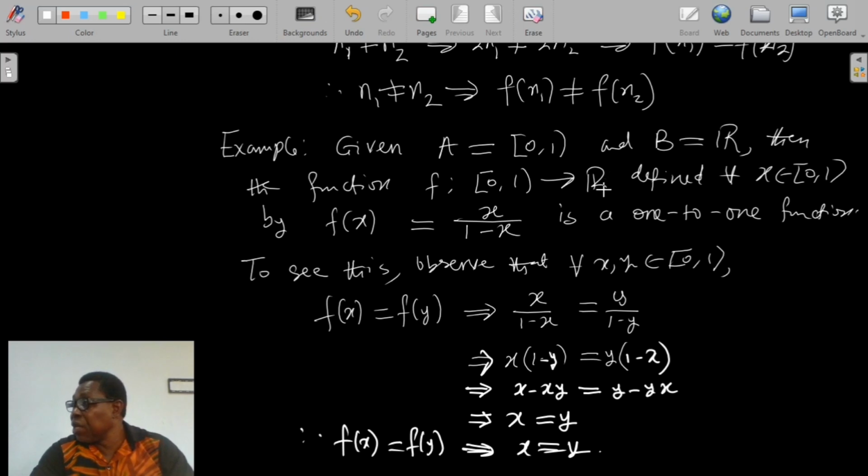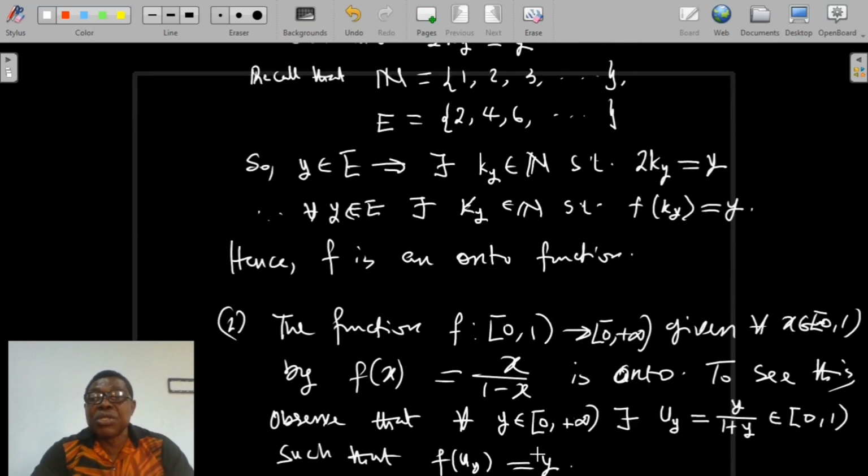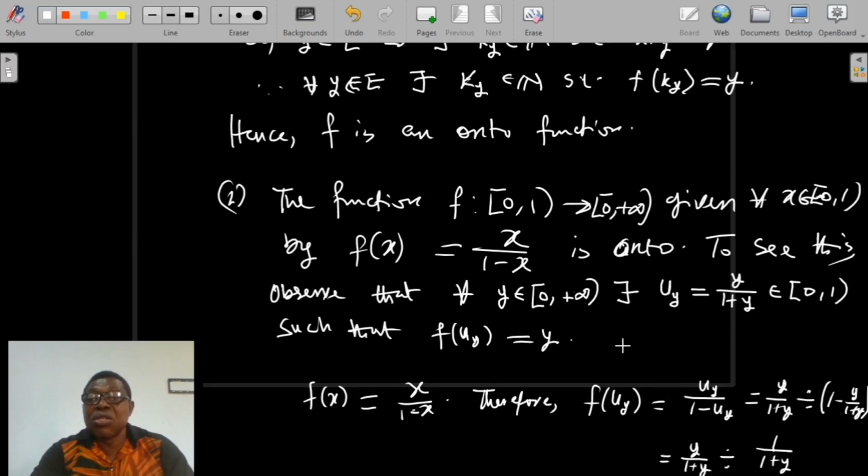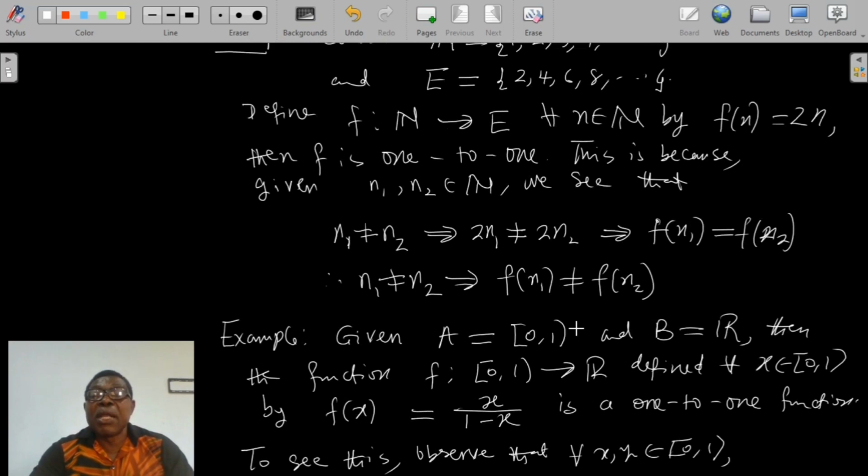Now observe that initially I wanted to take exactly this one, but I observed that it's not necessarily onto, because of the restriction on the range, it goes from [0, 1] to [0, plus infinity), while we've shown this is an onto function. This particular one is not an onto function.